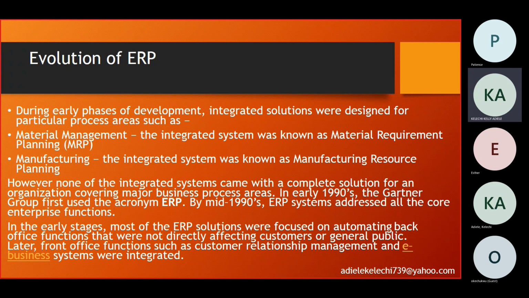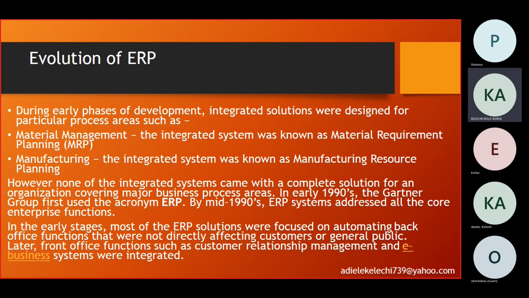All right. So in the early 90s, we have people who, first of all, designed the concept called ERP, the acronym called ERP, right? And the idea was, of course, all these things started from the manufacturing process, and of course, finance. So the ERP solutions were focused on automating back office functions that were not directly affecting customers.